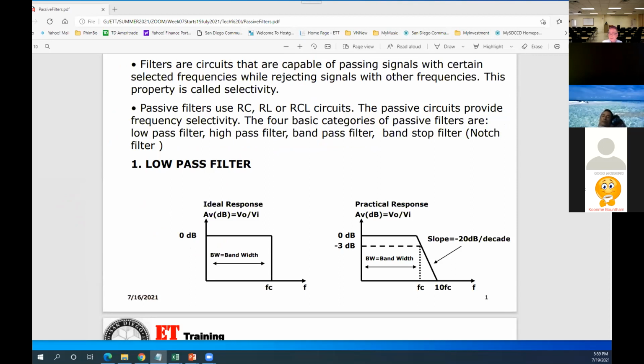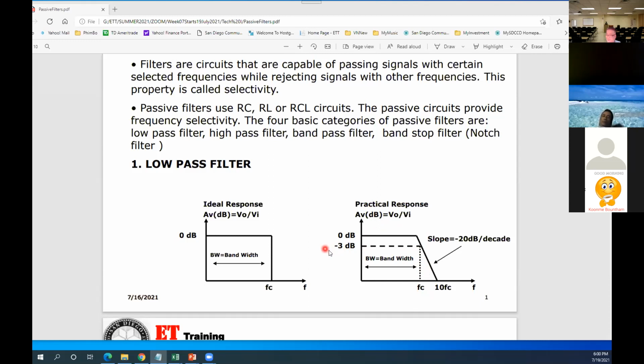Okay. Now, going back here, we go to the practical filter. On the practical filter, at the cutoff, they go down minus 3 dB. Remember again, equivalent to 0.707.